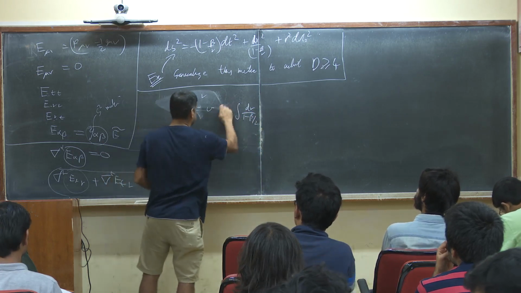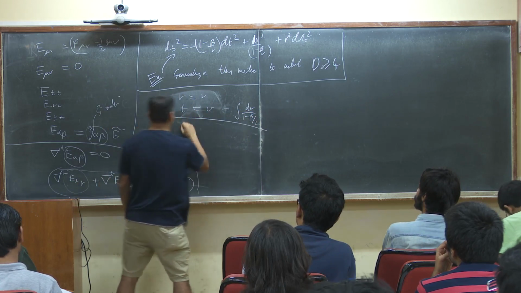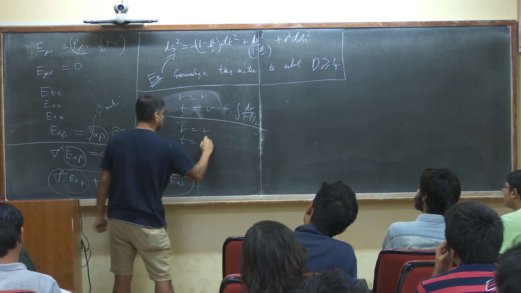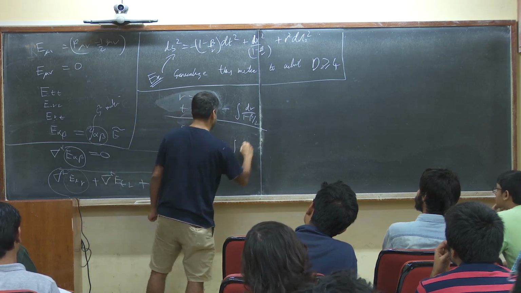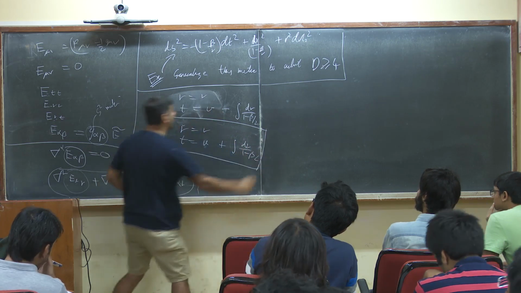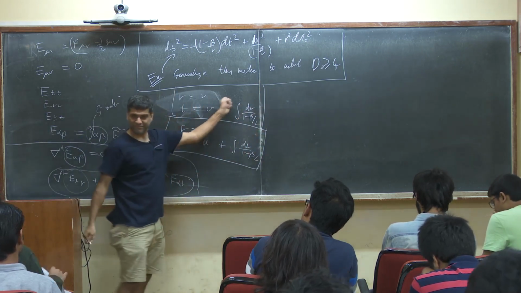Minus. Or we did r equal to r and t equal to u plus the integral of dr over (1 minus beta by r). This gave one set of coordinates.